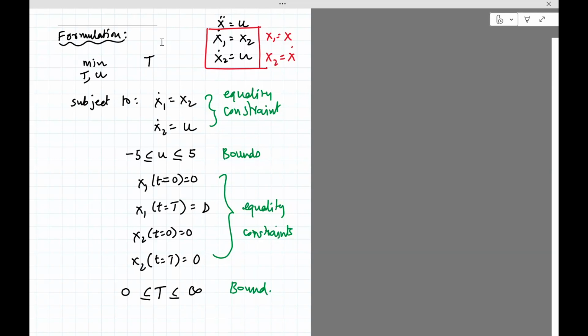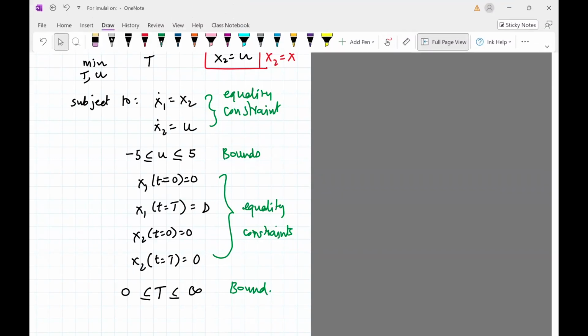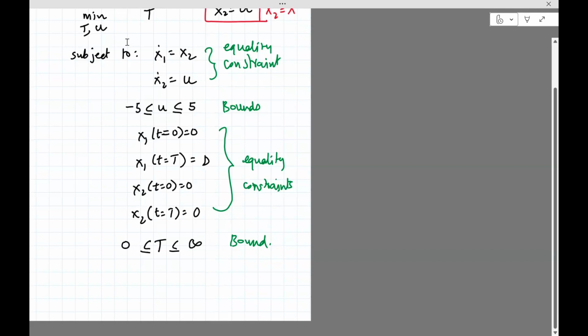So that is what is known as a parameter optimization problem. So we'll write this as a parameter optimization problem.